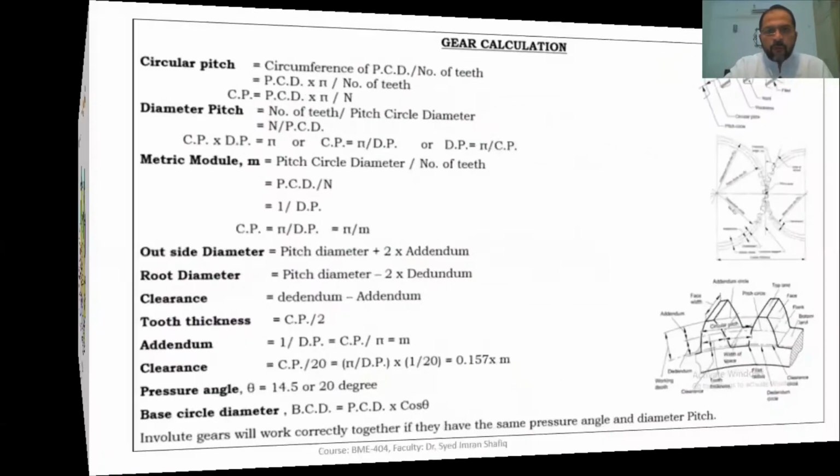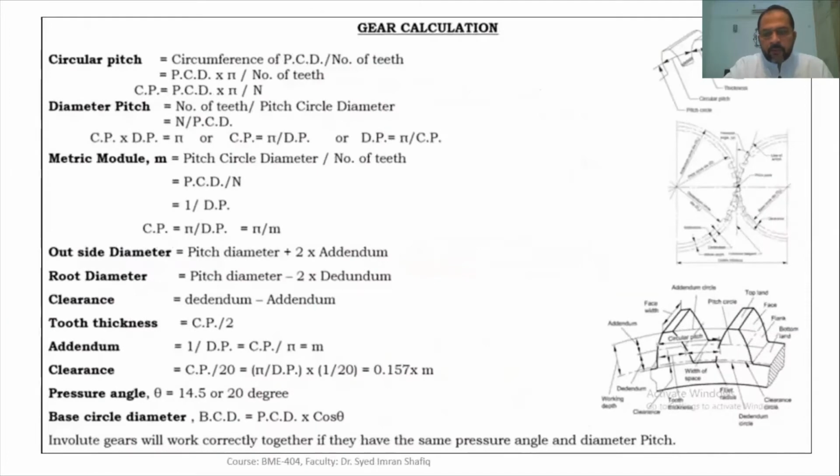Moreover, there are a few formulas that we have to use for drawing the gear profile. For example, there is circular pitch, which is the circumference of the pitch circle divided by the number of teeth. Then there is diametral pitch, which is the number of teeth divided by pitch circle diameter.